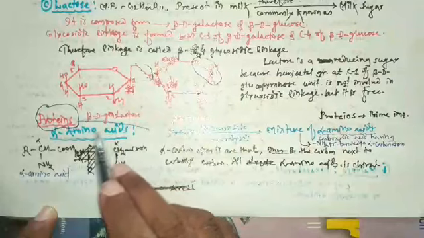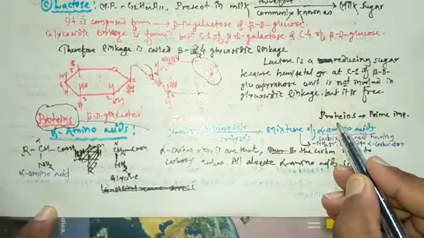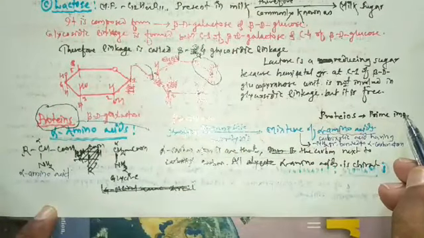So proteins are derived from the Greek word proteios, which means prime importance.